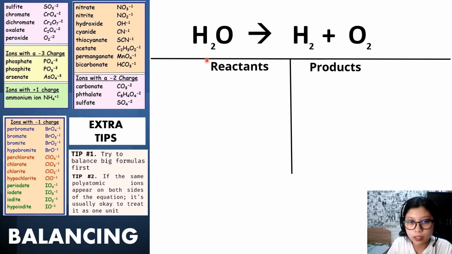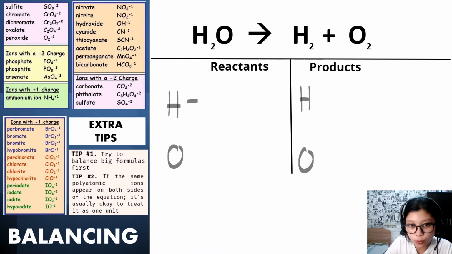We have the chemical equation H2O yields H2 plus O2. Now, first things first, we're going to list down all the elements present in the chemical equation. We have H, we have O. In the product side, we also have H and we also have O. Next thing that we're going to do is to count the number of atoms present in each element.